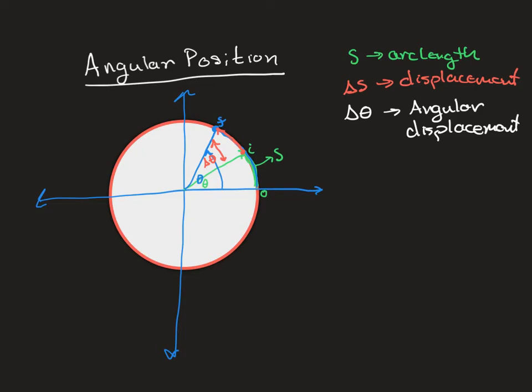Now we do have to worry about units here. We're going to have new units, and our units are going to be radians. Two pi radians is going to equal 360 degrees, so one rotation around. Or we often talk about revolution.